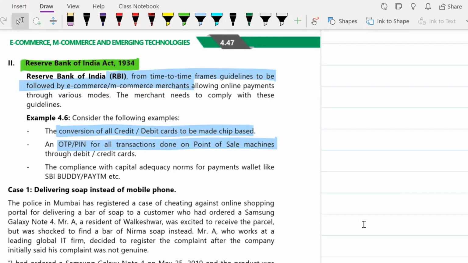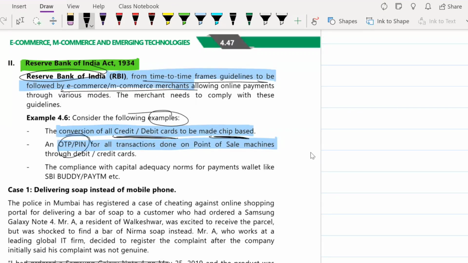Reserve Bank of India Act 1934. I've already told you that RBI releases guidelines from time to time, which have to be followed by e-commerce merchants. For example, the guidelines the Reserve Bank of India might release are that all credit and debit cards should be chip based, so it is more secure.